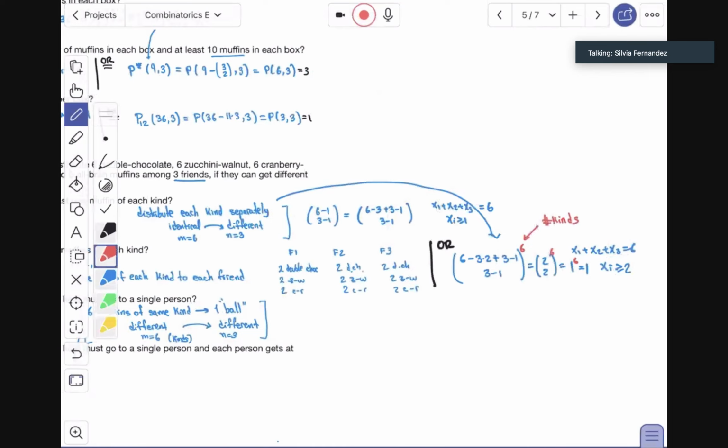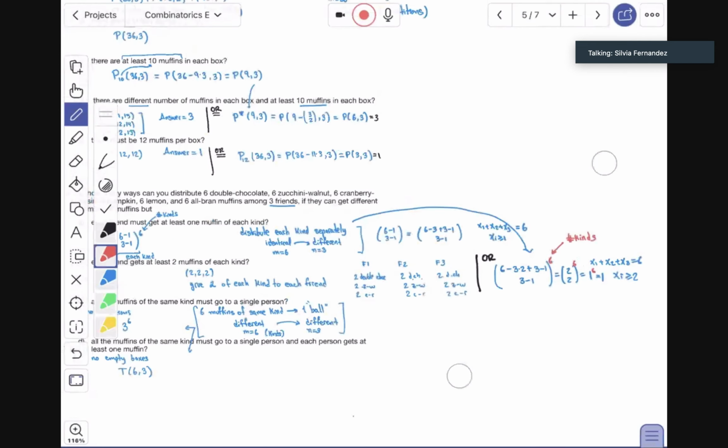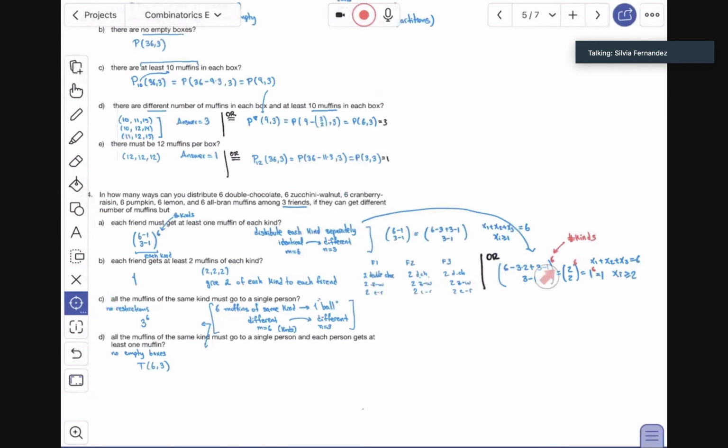That's valid. Or you can use the same idea. You have this formula in the distributions table. I don't know which column it is, but it says at least something per box. That's the one that you can use. Just apply it to each flavor.